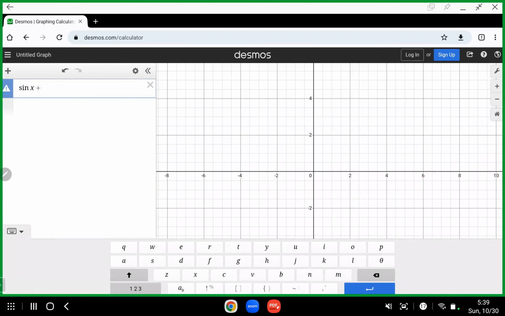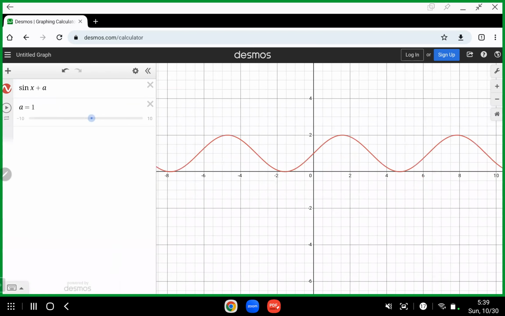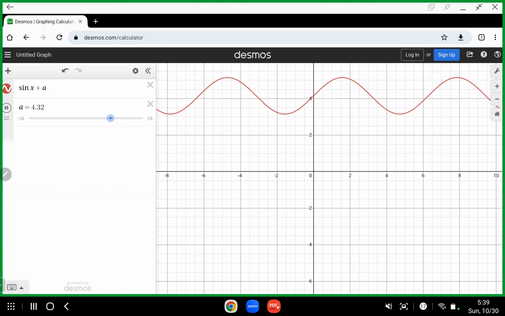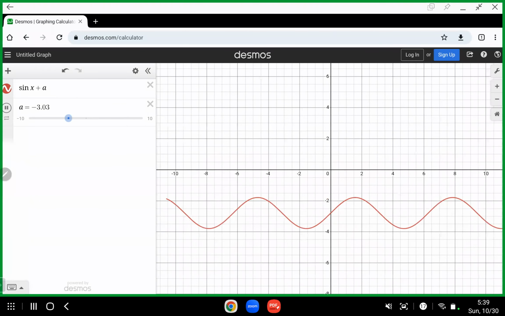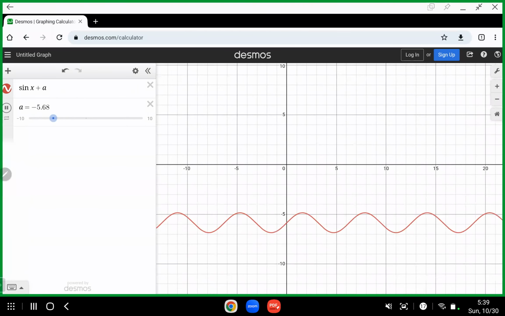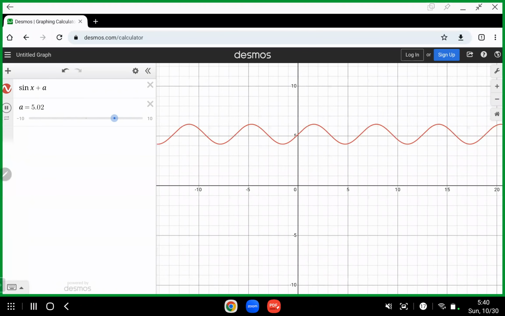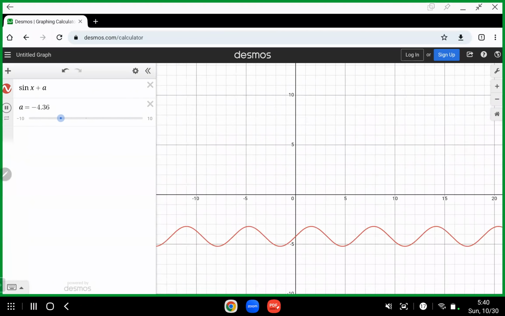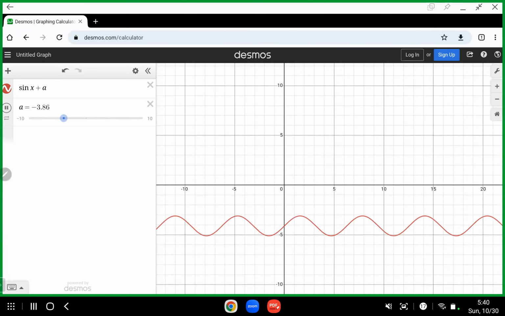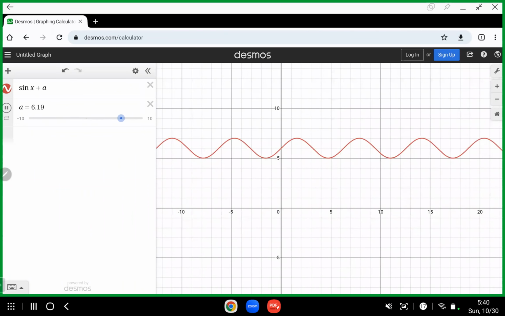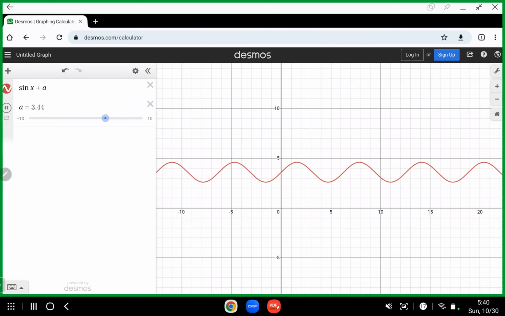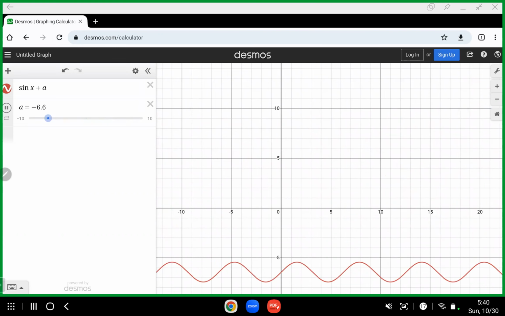If we just let this play, you can see what a does is it shifts the graph vertically. You just add a to the y value. That's basically what we're doing.